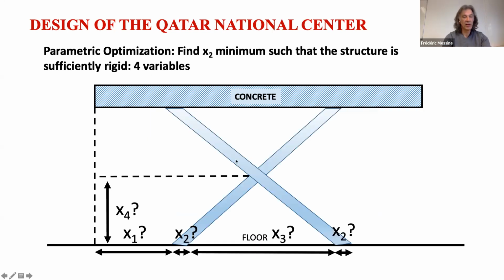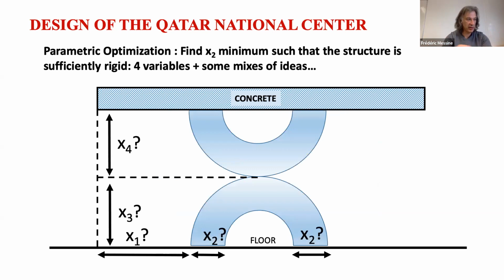You can find much more difficult solutions like this. You can find plenty of different ideas. I put some of them like this, but it's just a kind of joke. And you can, of course, combine all those ideas to make maybe a very beautiful center, a beautiful building.